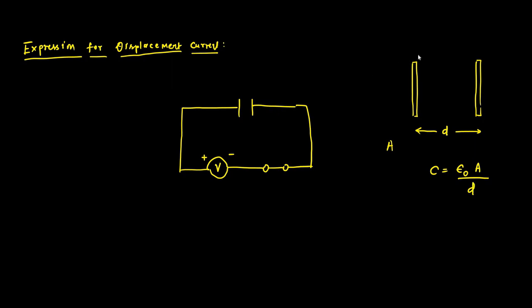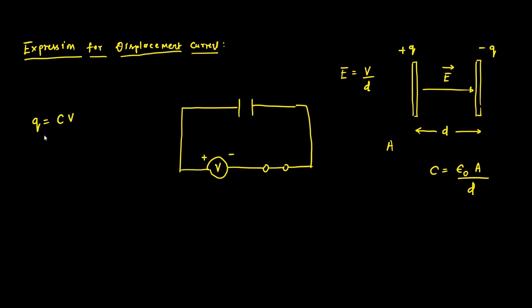Now, because of the migration of the charges when it is connected to a voltage source, this plate will acquire a positive charge and this one a negative charge. This will be the electric field vector. The electric field is the electric potential per unit length, the separation distance d, so E equals V by d. Now we know that for a capacitor, charge Q is the product of capacitance and voltage.